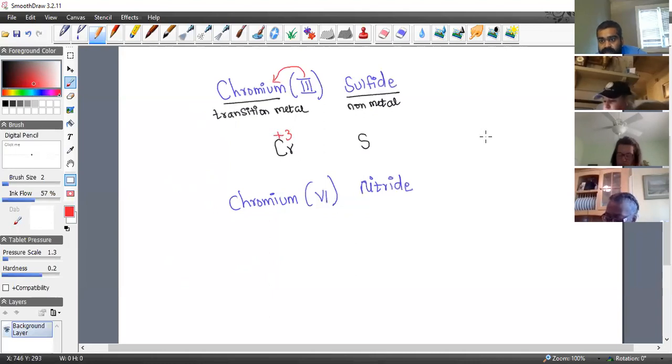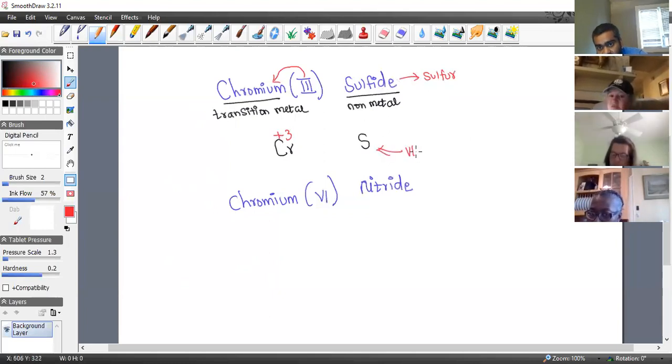And sulfide comes from sulfur. I just told you that in the last 2 examples. Sulfur is 6A, so that means it needs 2 electrons to get to 8. So it'll be 2, but because it's a non-metal and it's gaining, it's 2 minus.